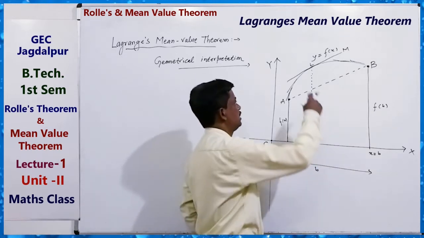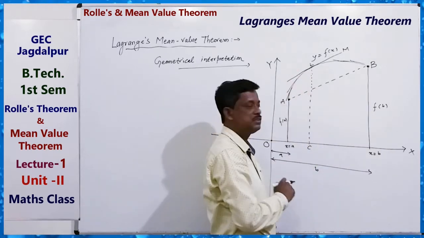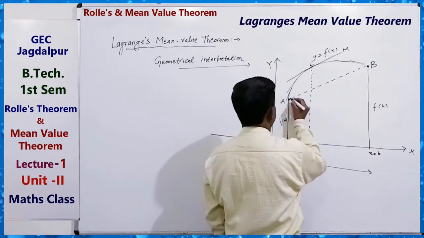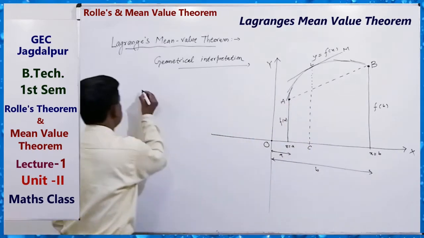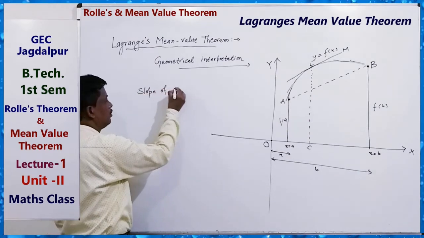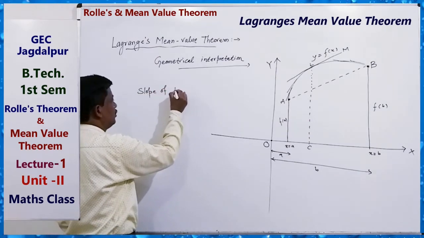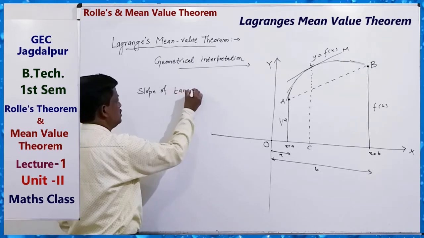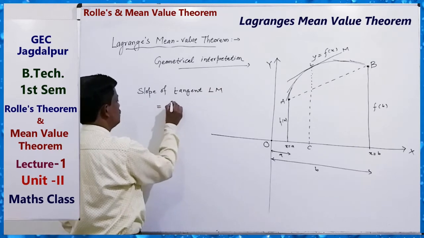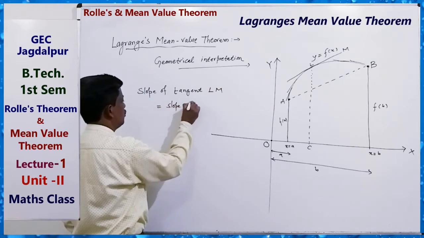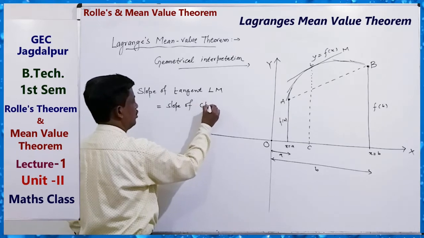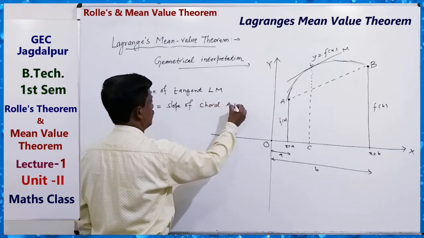The slope of this tangent is equal to the slope of this chord. Slope of tangent LM is equals to slope of chord AB.